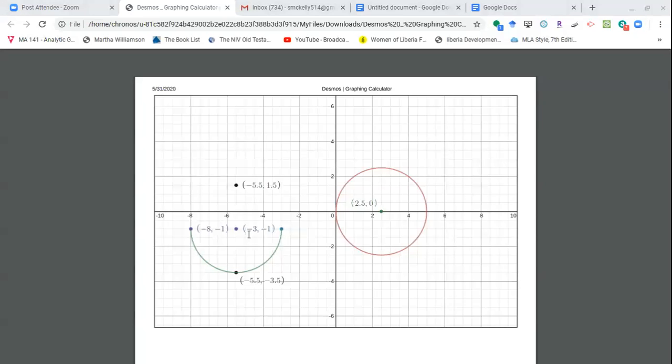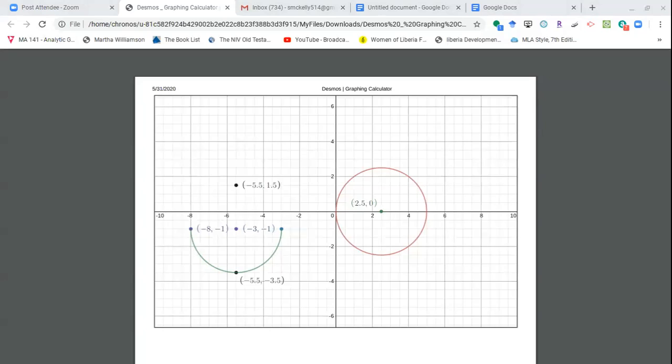I need to stop sharing this one and share the Desmos screen, but I need to actually get the Desmos screen first. So let me grab that. Okay, so if I go back up here, let me share it. -1 is not the center, you see?